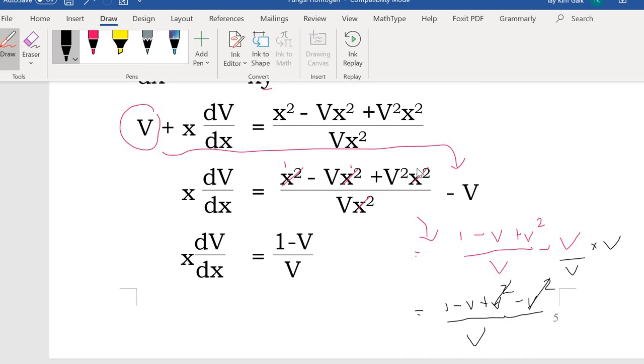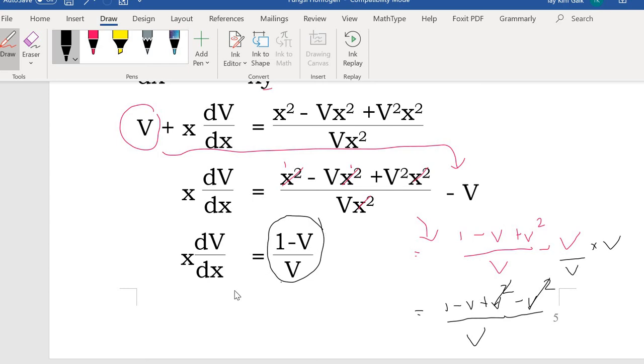So for homogeneous equation, a bit tedious to simplify until you get the separable equation in term of x and v. Now it is become separable equation. I mean, after the simplification, you should always get a separable equation in term of v and x, because the whole thing here, this is function of v, this function of v.